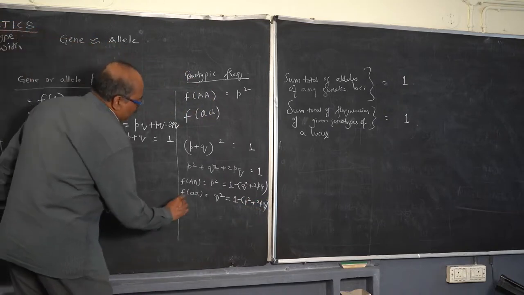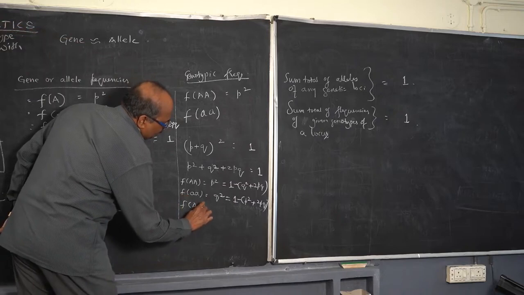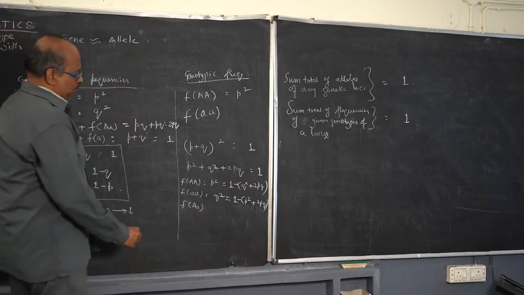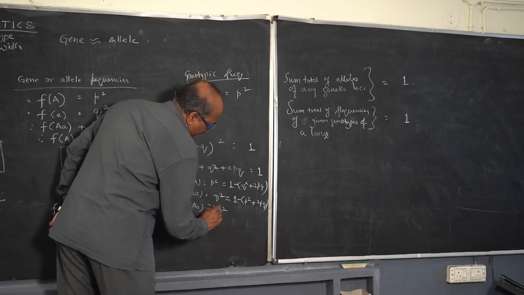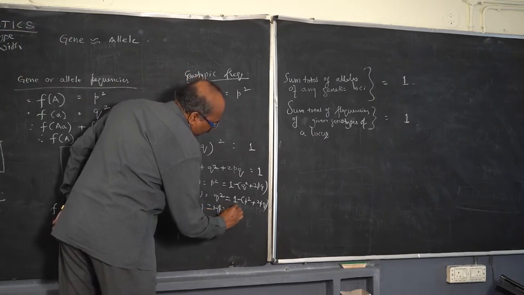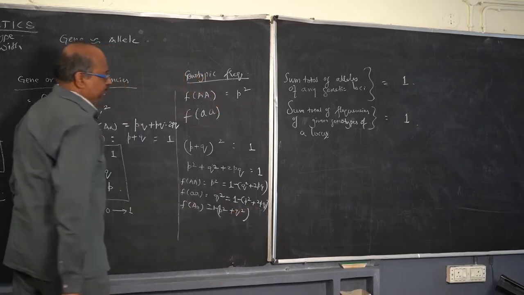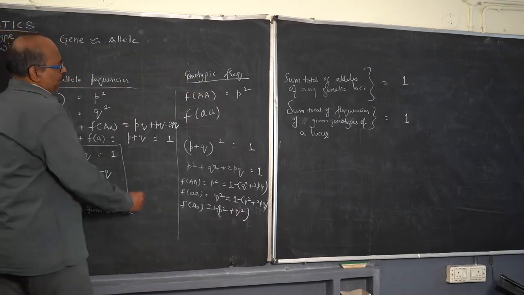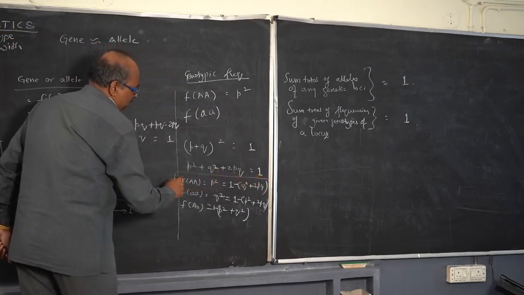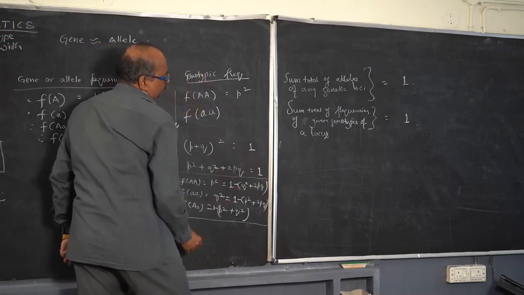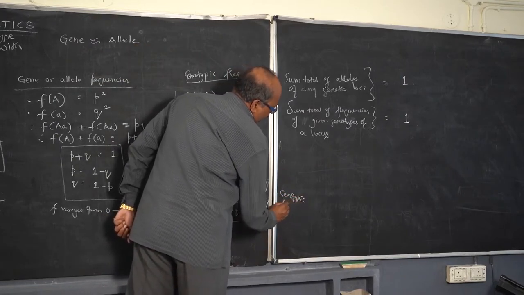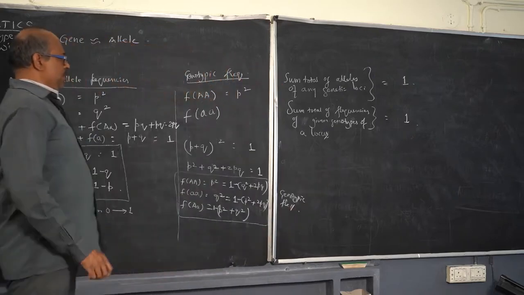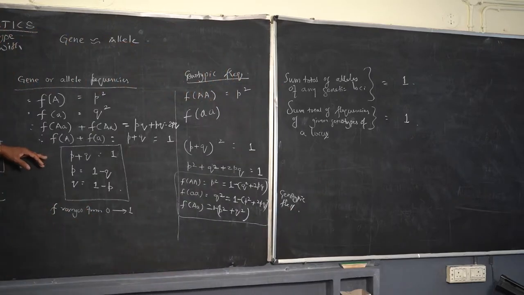When you have heterozygous, frequency of capital A small a equals 1 minus P square plus Q square. So this will go to genotypic frequencies. So we got the genotypic frequencies based on the checkerboard.